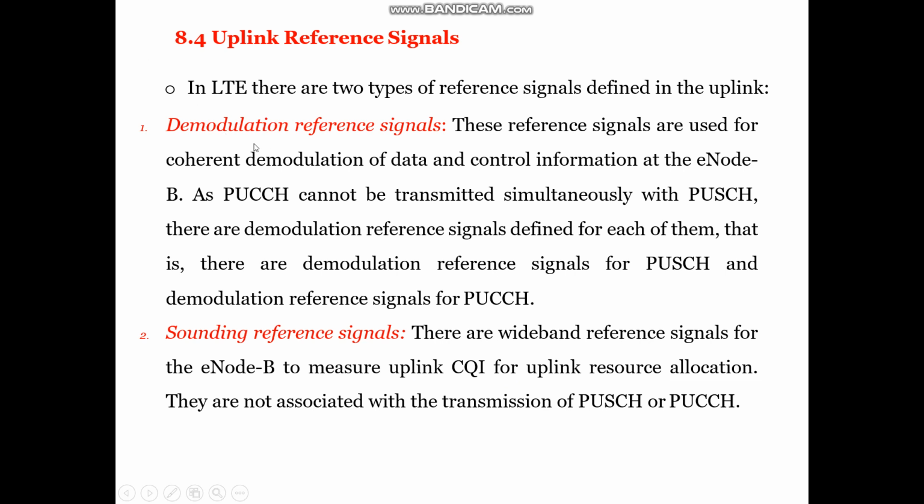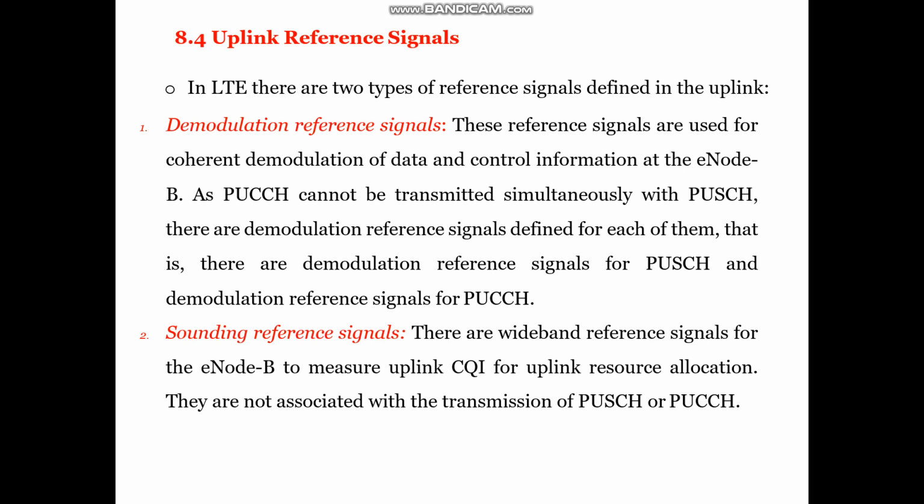The reason for having two types of reference signals in the uplink is that, unlike the downlink, the demodulation reference signals in the uplink are only transmitted on subcarriers assigned to the user equipment and therefore cannot provide sufficient wideband channel quality information for resource allocation, particularly over the resource blocks that are not allocated to the user equipment.